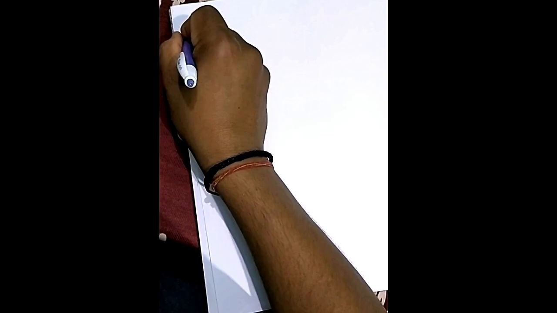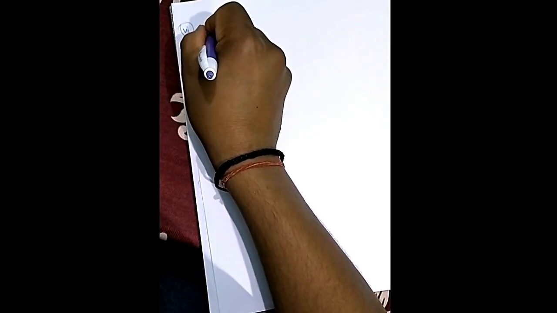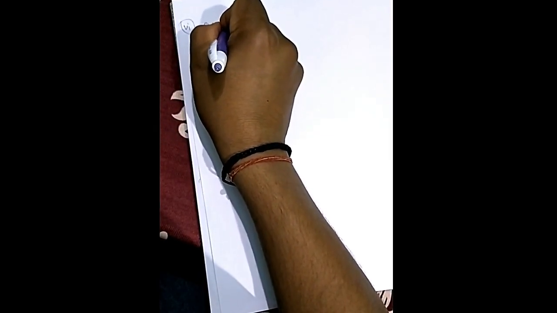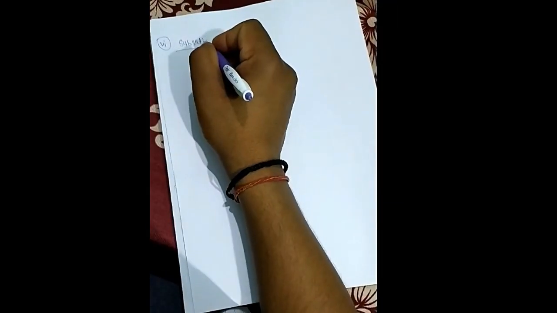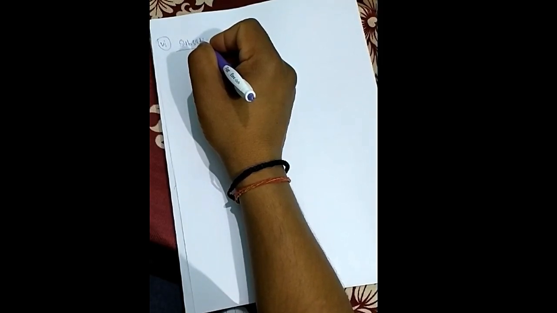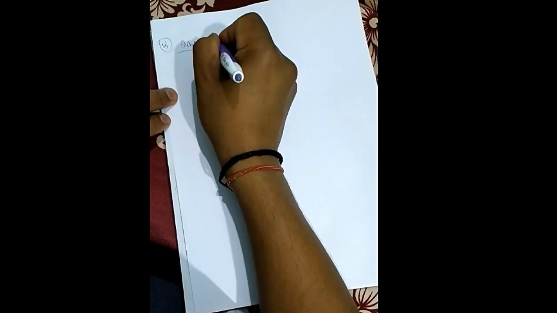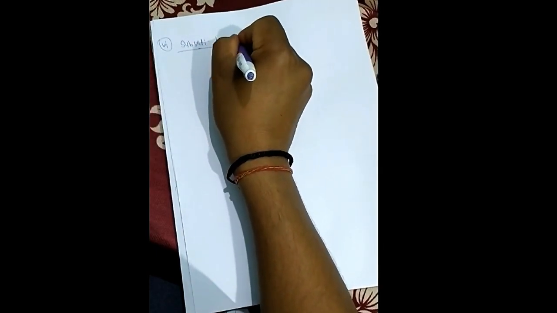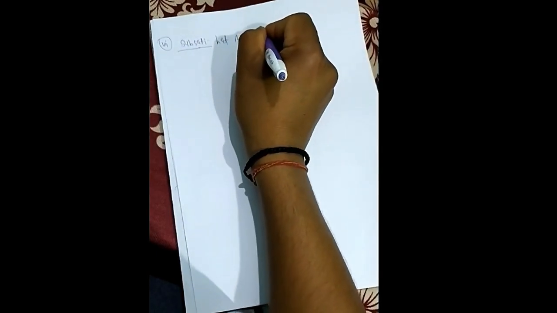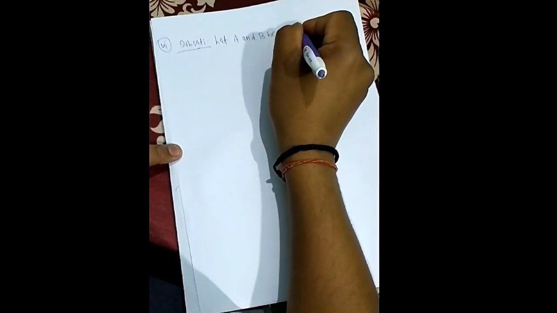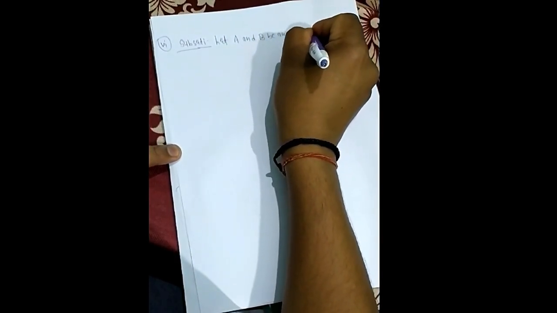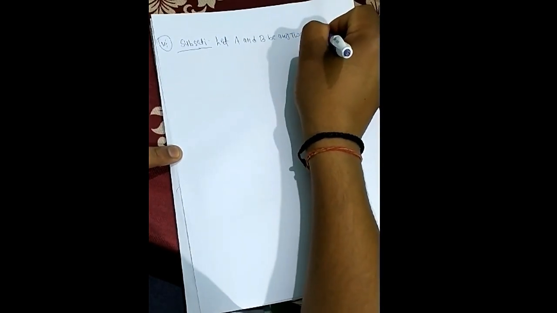Next, 6 number, subset. Subset is a very important type of set. We define with example. Let A and B be any two sets.